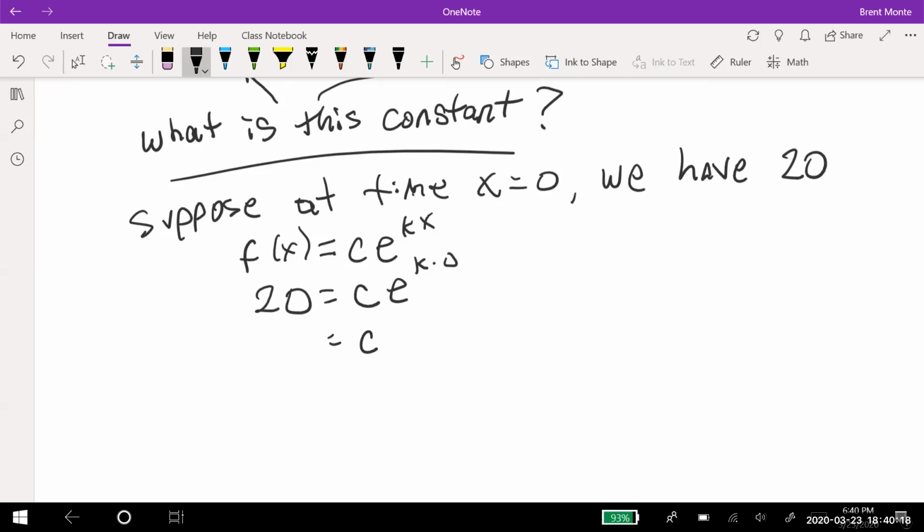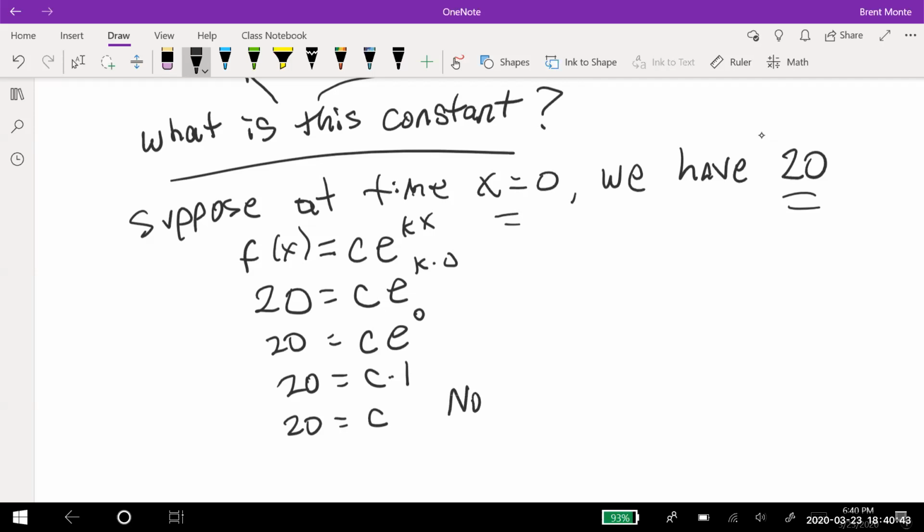This is going to be c e to the 0 is 20. Well, 20 equals c, anything to the 0, except 0 to 0, of course, is 1. So I just get 20 equals c. Okay, at x equals 0, my initial amount was 20. So that's always, always, always the initial amount.